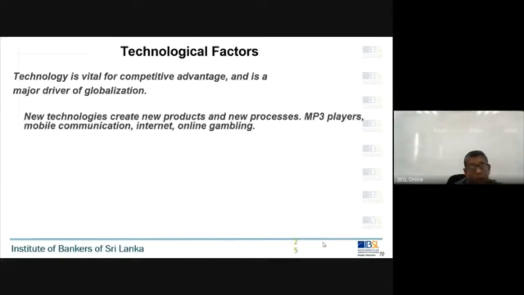Banks are heavy users of technology, because it's also costly. Suppose in your strategy plan, for example, you think of developing a new core banking solution.